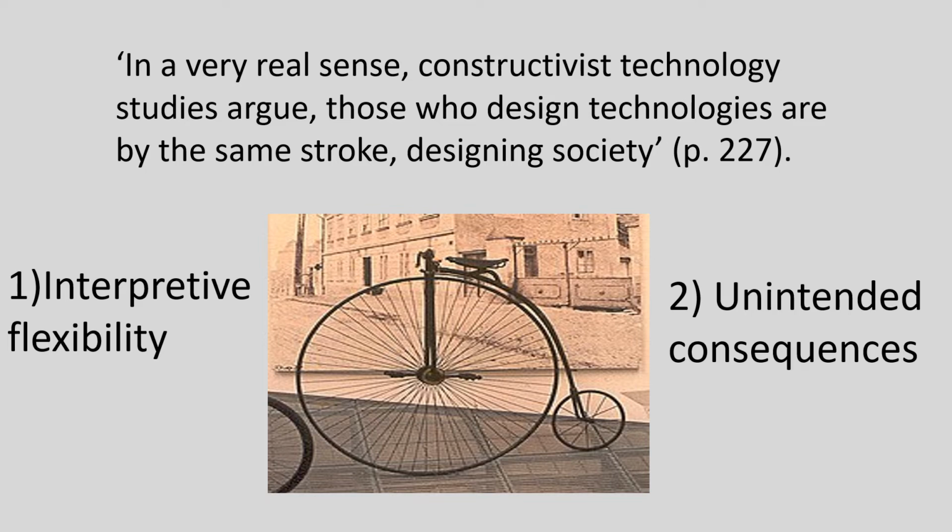It can push forward the values and ideals of certain groups, and it can impede the social status and the values of other groups who may need other things and other approaches. So we can see unintended consequences as a further way in which a technology will affect relations between different social groups.